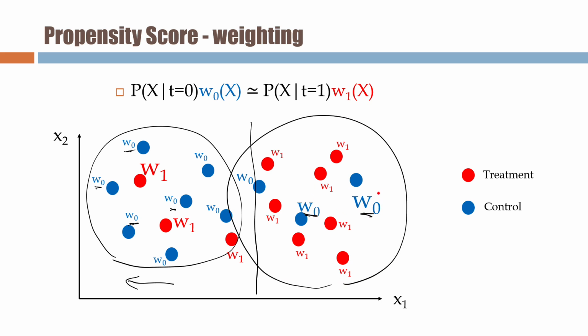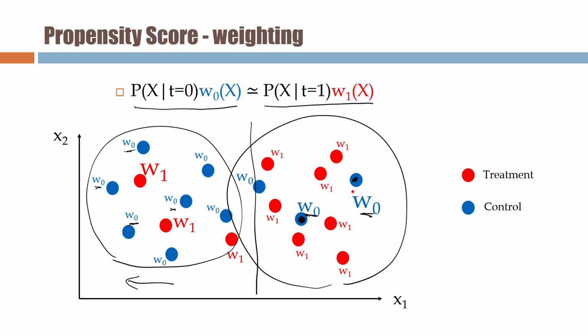So if we assign the high weight here, and a small weight there, assuming you have multiple data points here, then you can tell the probability of this side will become the same as the probability of the other side.